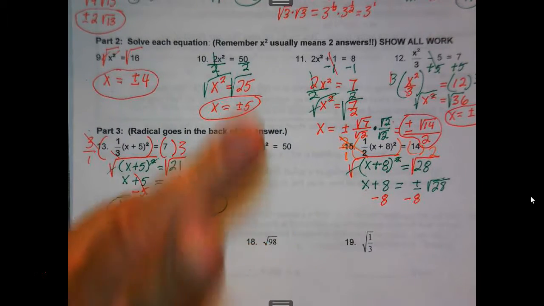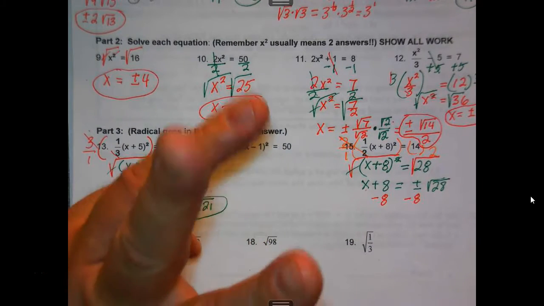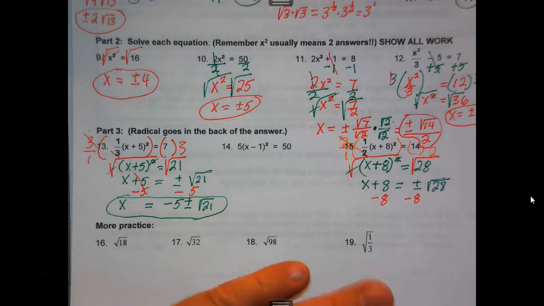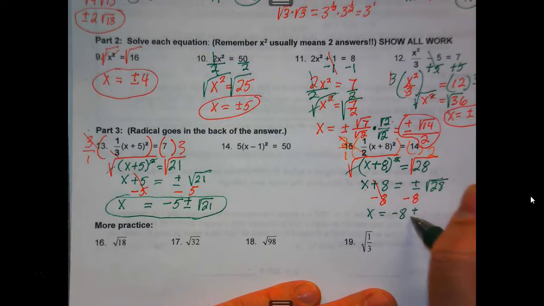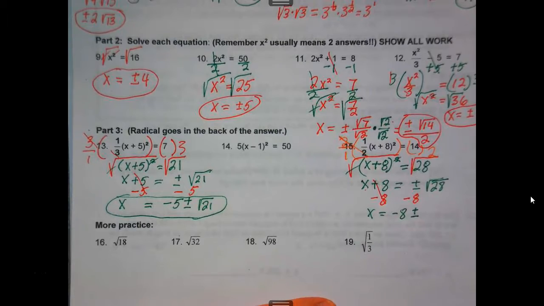Well, I'm going to do two steps at once. Moving the 8 over. So x equals -8 plus or minus, and at the same time, I'm going to simplify the square root of 28.